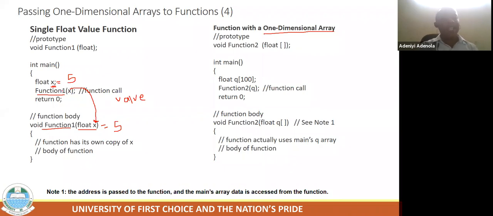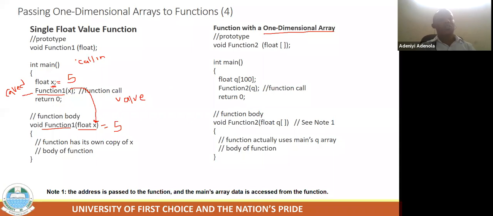When the main function calls this other function, it's more like this function comes alive, it executes and returns. You understand? So the main function is the calling function, the one calling another function, while this other function is the called function.